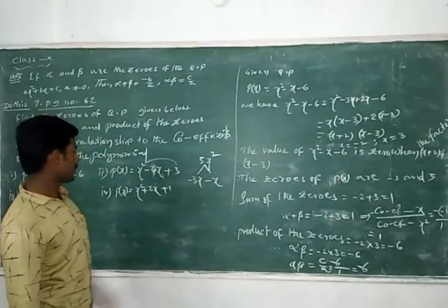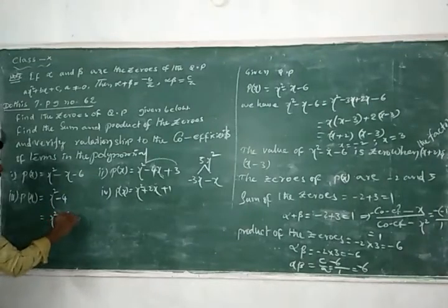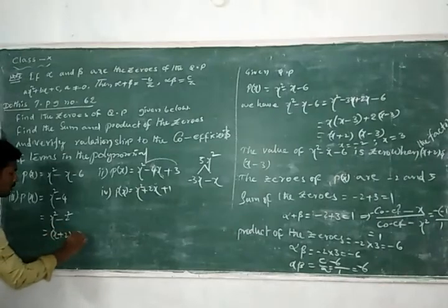You can solve yourself, and here it is x square minus 4. It is like a square minus b square. P of x is equal to x square minus 2 square, that is equal to a square minus b square, a plus b into a minus b, so x plus 2 into x minus 2.